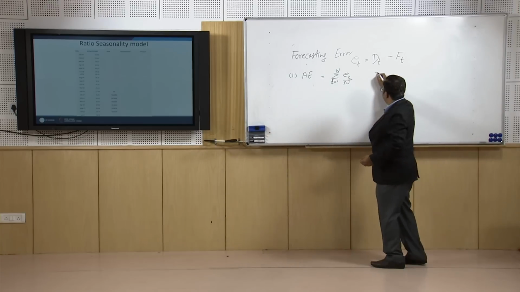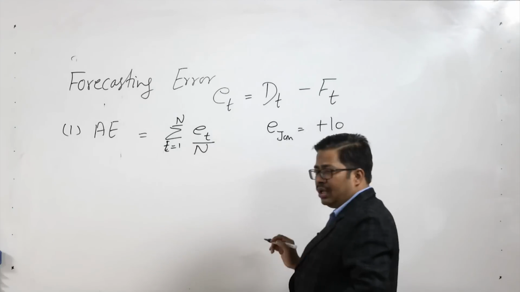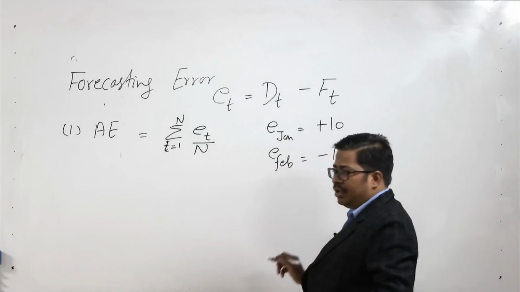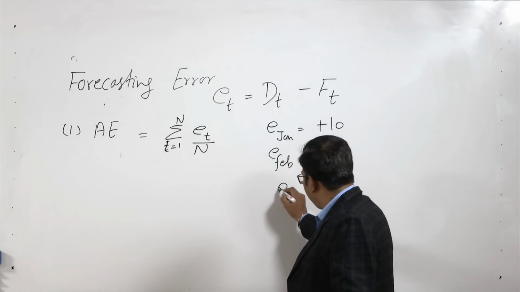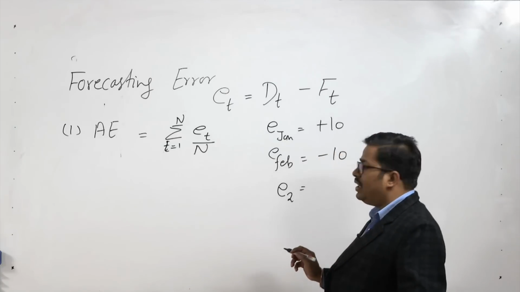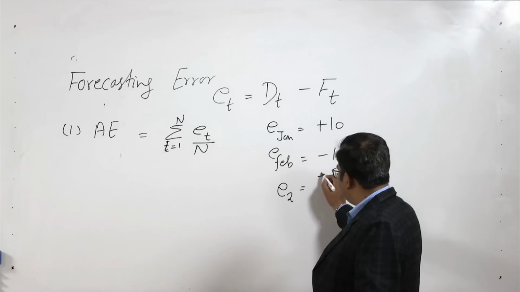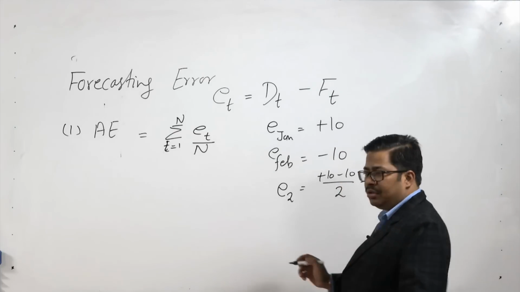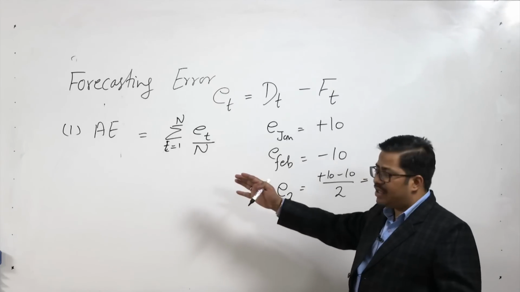What I am trying to say is that E_January is plus 10 and E_February is minus 10. If I am taking the average of these two periods, it will be E_January plus E_February divided by 2, and plus 10 minus 10 divided by 2 will be 0. So, by definition it looks like average error is 0.